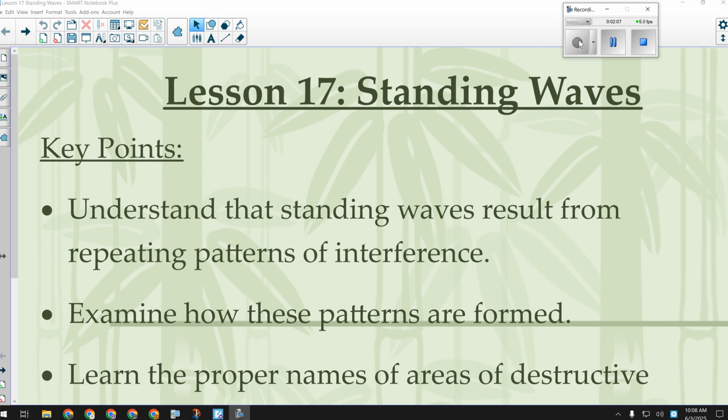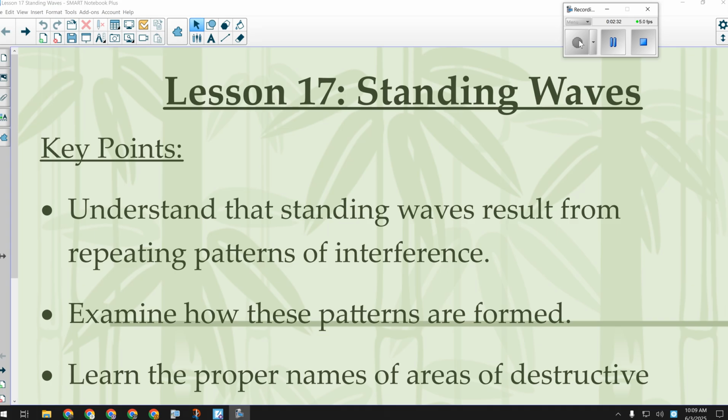So the thing to remember about standing waves is that they don't stand still. The pattern of interference created by waves traveling back and forth in the medium is what stands still. There are going to be areas where there's constructive interference. We saw those yesterday, the areas where the spring moved a lot, and areas of destructive interference where the spring barely moved at all.